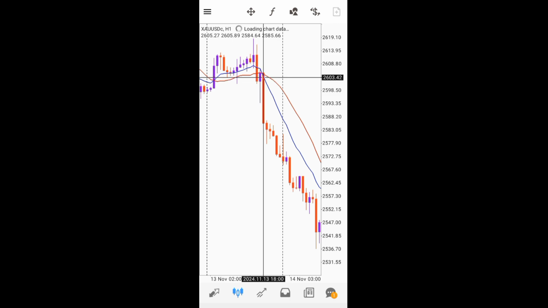And the bearish candlestick is bigger than the bullish candlestick. That means this candlestick and this candlestick form the bearish engulfing. After we had the bearish engulfing, from this area we are supposed to sell and go all the way down. And our stop loss is supposed to stay around this area here.